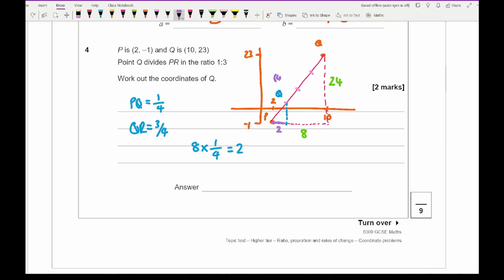And then looking at the height of that, the general height is 24. If I do 24 times 1/4, I get an answer of 6. So the height of this little triangle is going to be 6. If it starts at -1, -1 plus 6 is going to give me 5. So the coordinate of Q is going to be (4, 5).